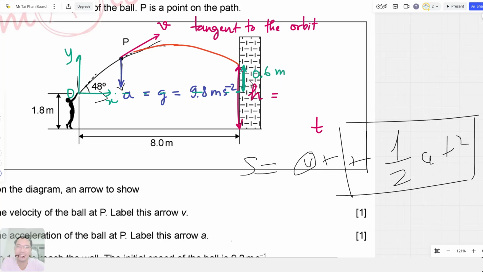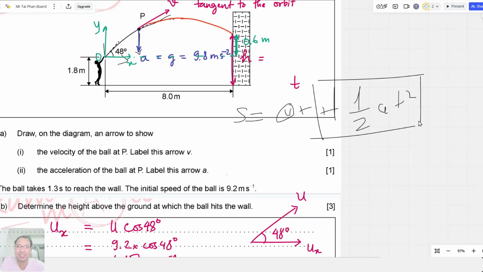meter. That is the displacement compared to the height of the origin when the time is 1.3 seconds, when the ball hits the wall. Okay, and the last step to calculate the height, we add this value 0.6 to the initial height of the ball, which is 1.8.